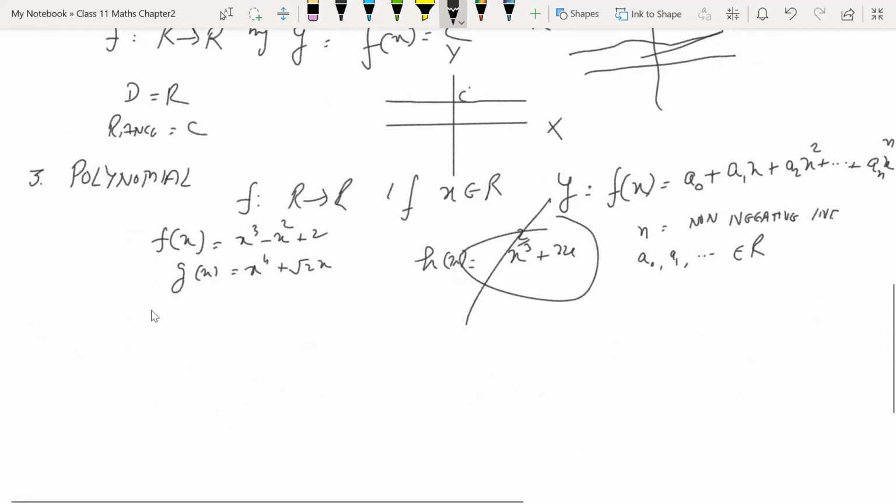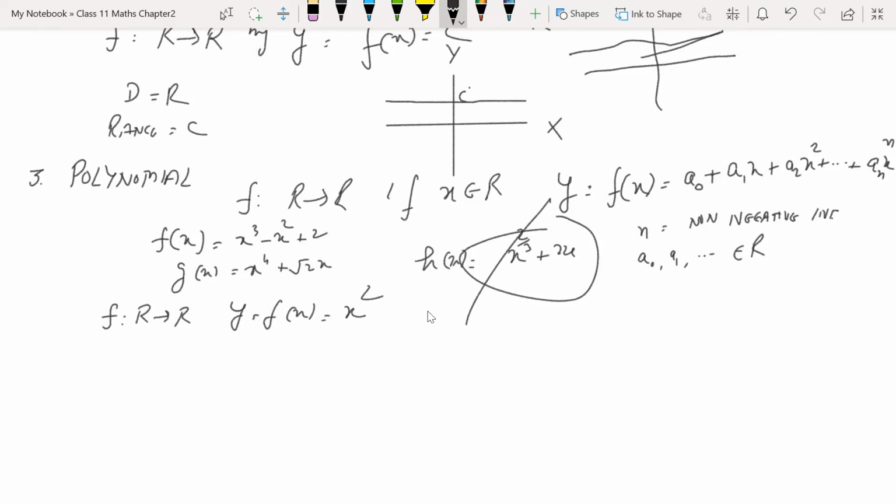Let's consider it like a parabolic graph, graphically represented. We can graphically represent it with the help of f: R to R, where y = f(x) = x square.